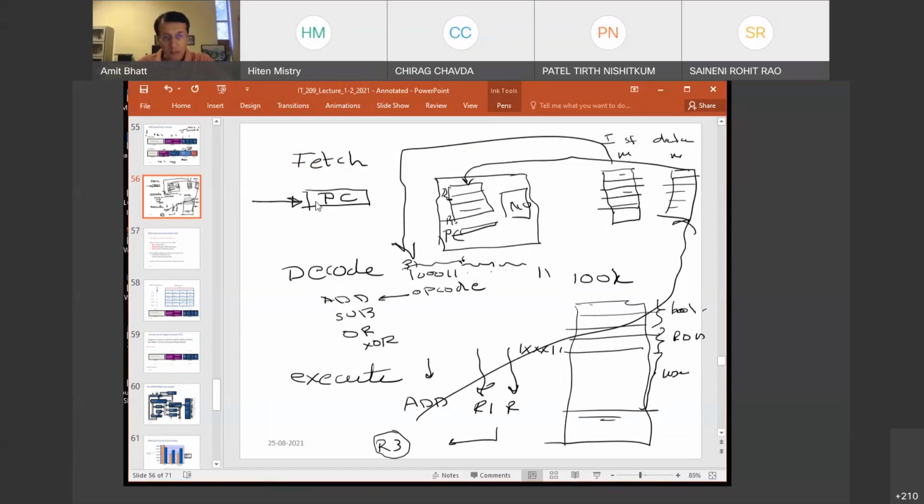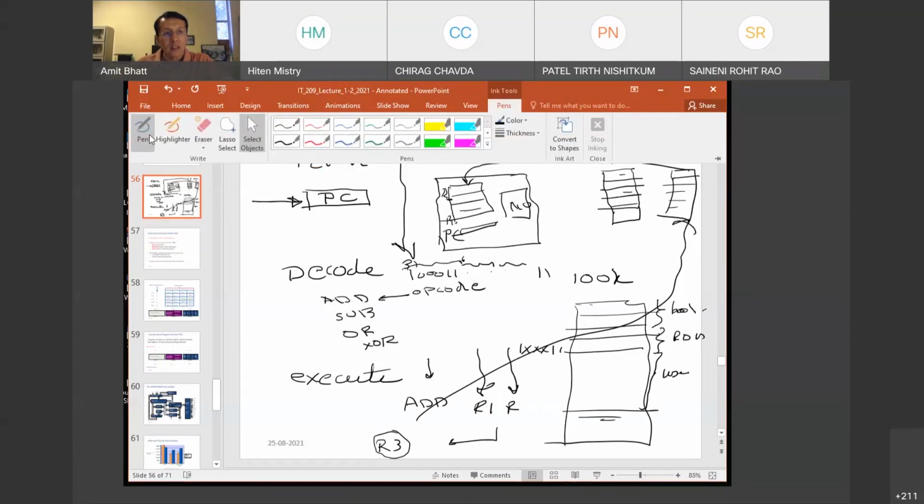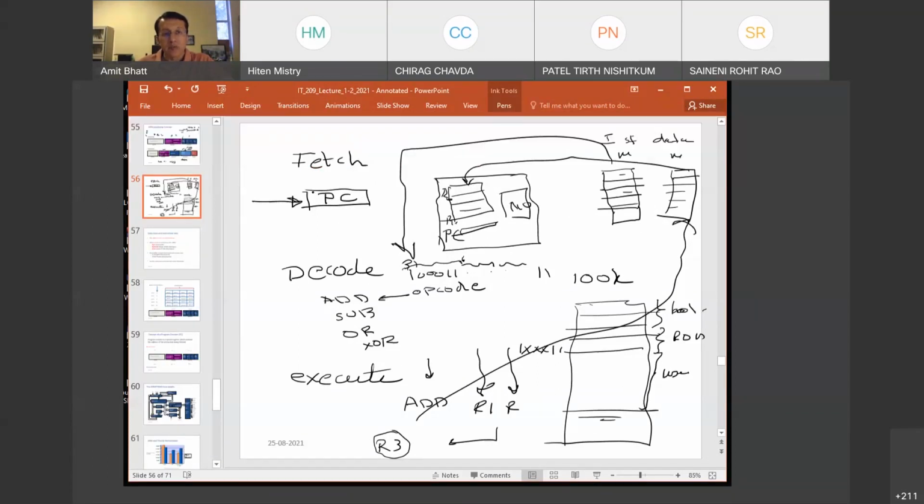When you first bring in the program, your program counter will be set to the first line of code, and that would be done by your compiler, or if you have an operating system, then it will be done by that. Your hardware will read this address, go to the memory location, fetch that first instruction from instruction memory, and then bring it back, and then it will go to the decode stage.